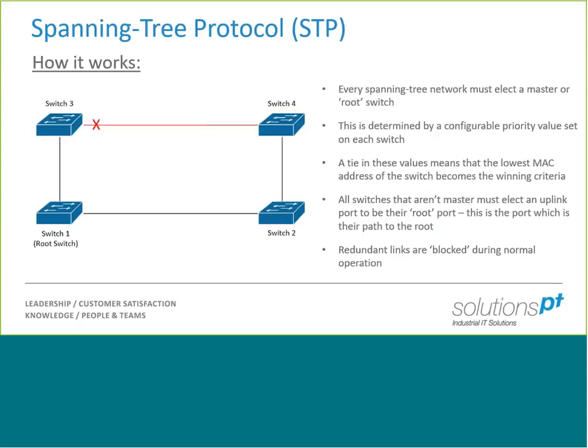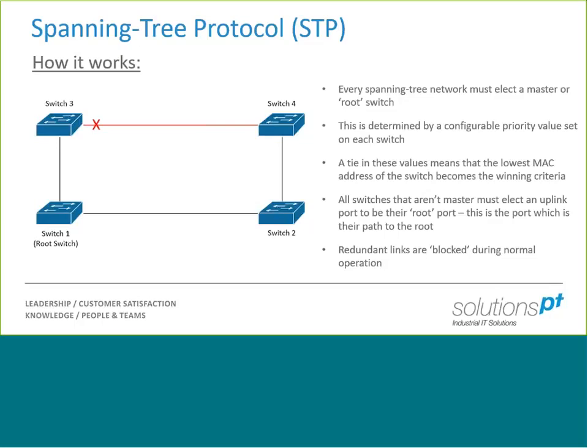So we're just going to have a little look at the basics of it, and we've got a nice simple topology here. We don't want to make this example too complicated. So this is just a basic ring. We've got 4 switches here. Now, the way in which spanning tree works is we have a root switch, or a master switch, if you will, and this is essentially the switch that is in control of the topology, and each switch that is not a root switch will then have a single path to our master switch.